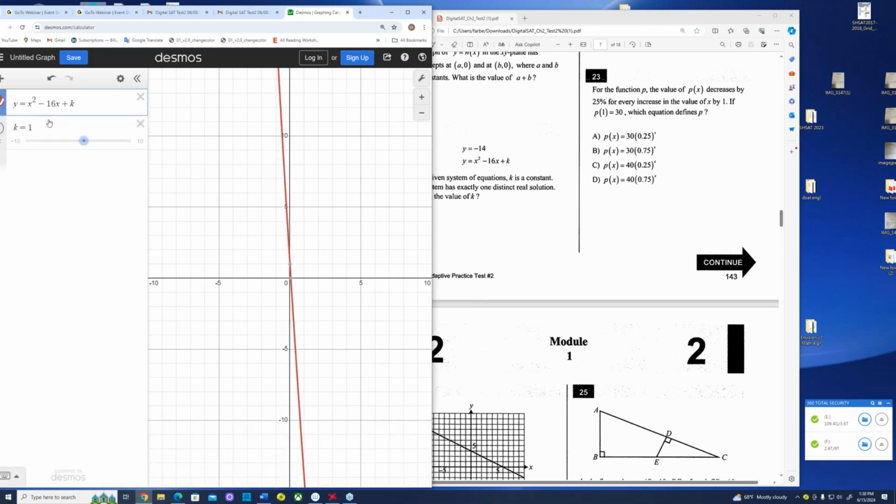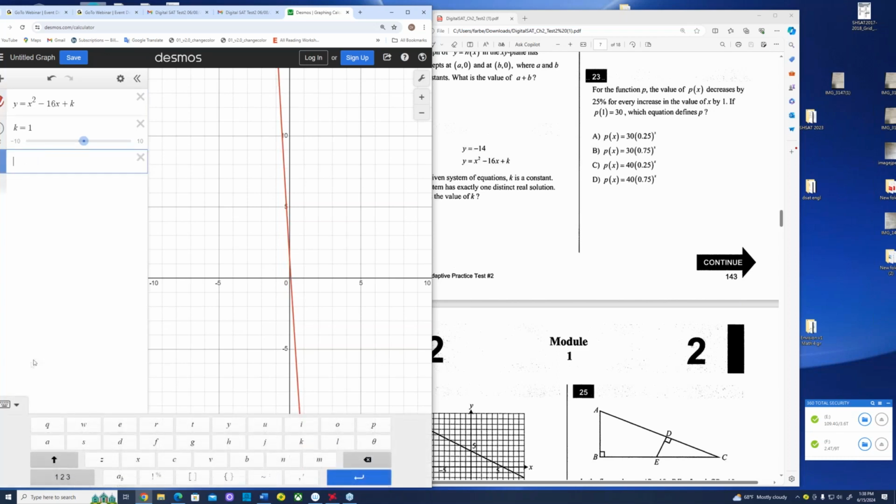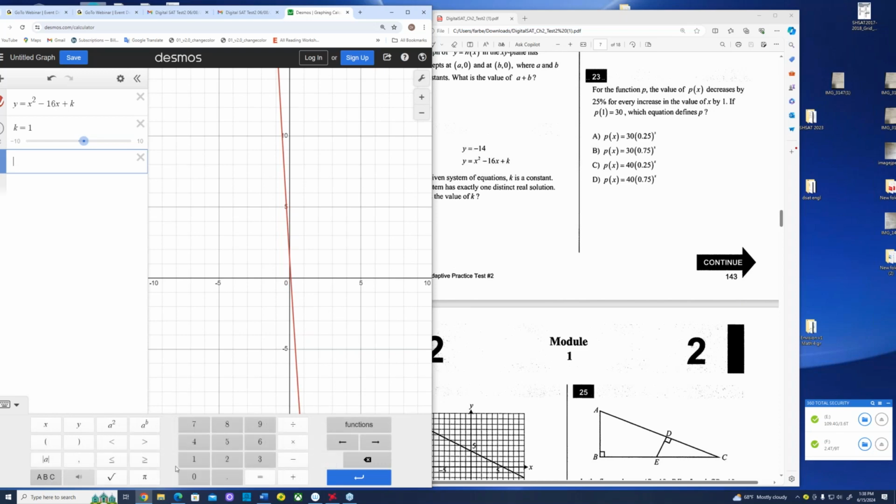And y equals negative 14, and y equals negative 15.